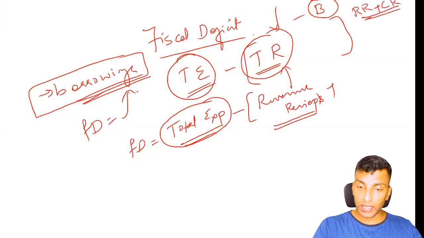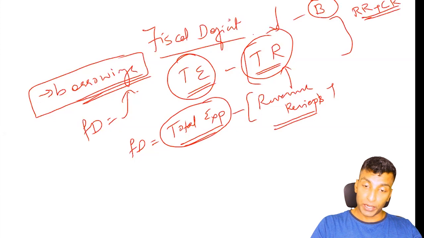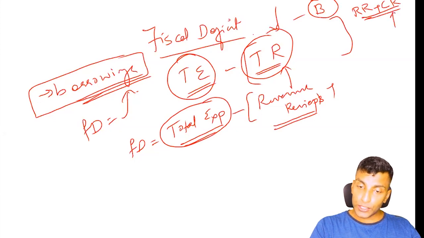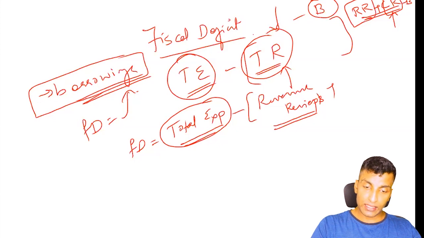But from capital receipts, what I need to exclude is borrowing. So can I write revenue receipts completely here? Yes, I can write. Then from the capital receipts, what you need to add is the non-debt creating capital receipts. Debt creating capital receipt is actually borrowing.